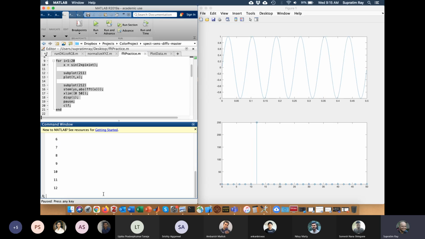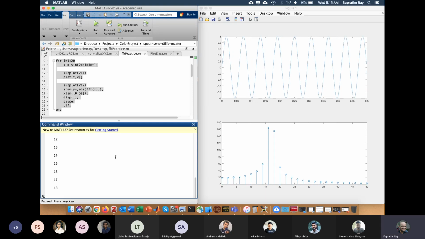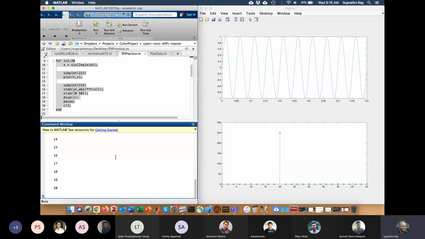Quite neat. The maximum here is 250, which is, as I had said, N by 2. Otherwise, it's coming down to a lower value because all of them will have to add up to this. So if you need multiple sinusoids, you are going to have lower amplitudes here. See that? Every even one is good, every odd one is off.